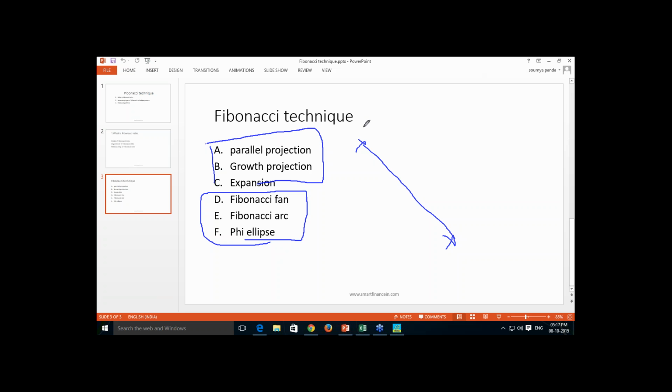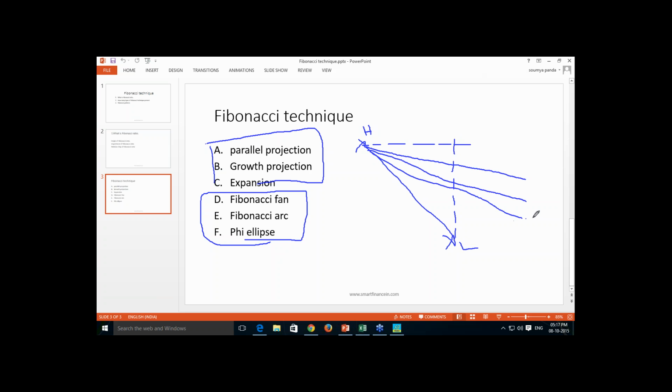If from a high and a low you draw one line, the Fibonacci fan draws a triangle, and this triangle is drawn in this particular proportion, and post this triangle is drawn, from here three lines are being drawn. So three Fibonacci lines are being drawn.